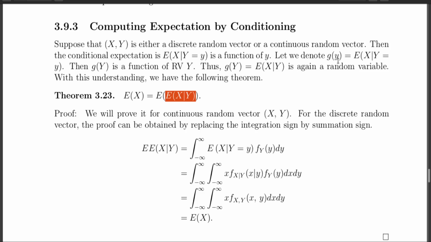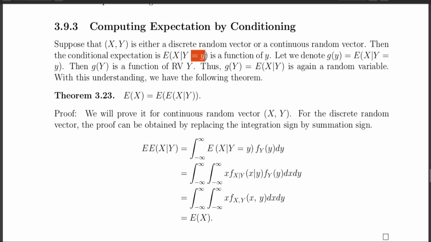Now if I write g of capital Y, that is a function of the random variable Y. The expectation of X given Y equals y is a function of small y, which I am writing as g of y, and now I am considering g of capital Y. Clearly, g of capital Y is a function of Y, and that is why it is a random variable.